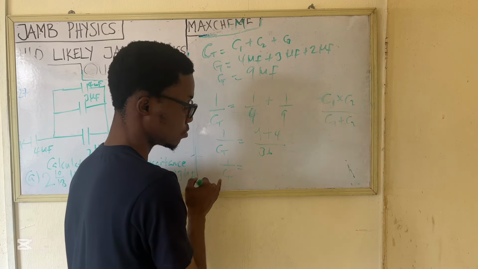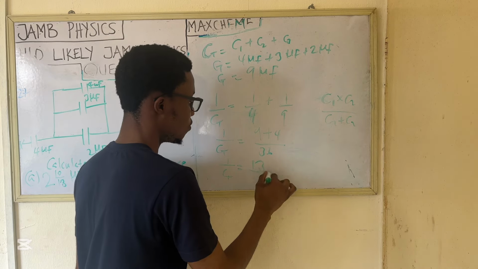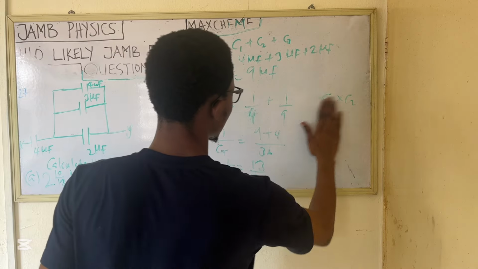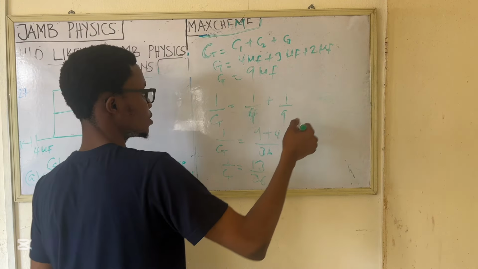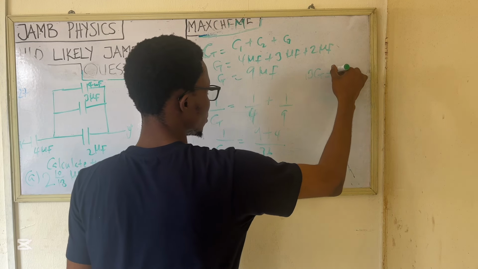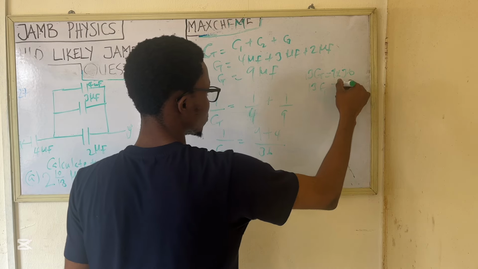So we now have 1/CT, where CT is the total capacitance, equals 13/36. So we cross multiply. We now have 13 CT equals 1 times 36, so 13 CT equals 36.